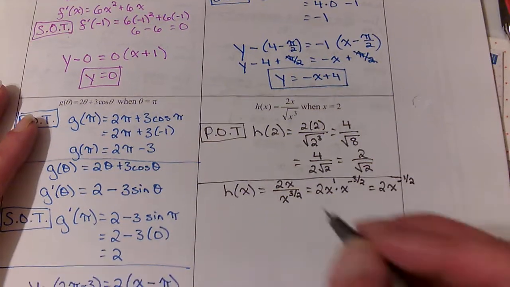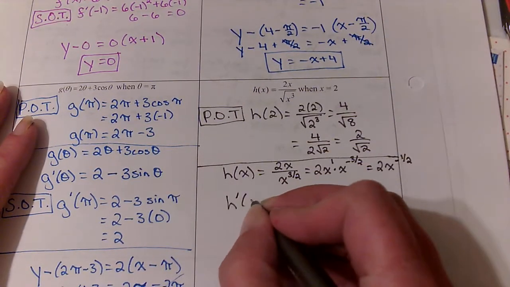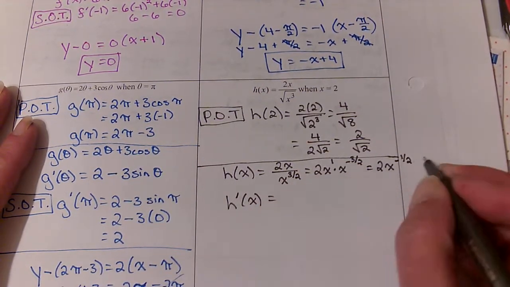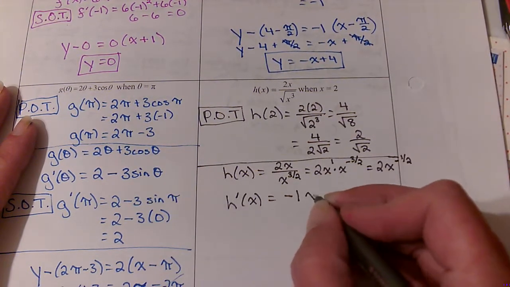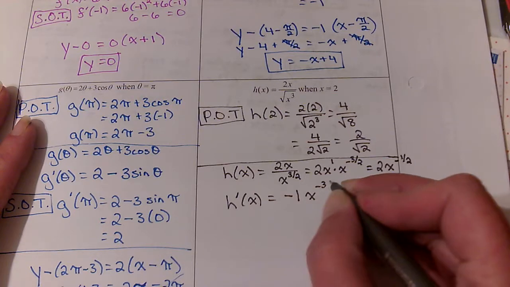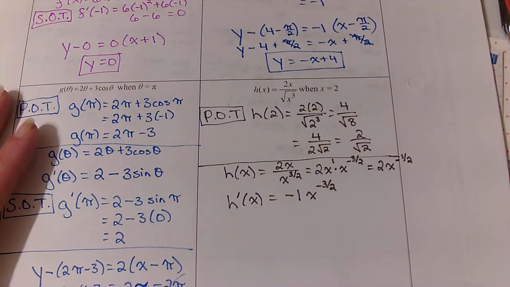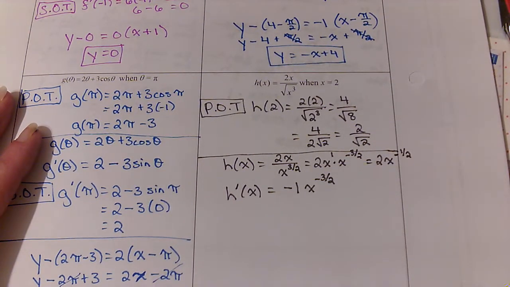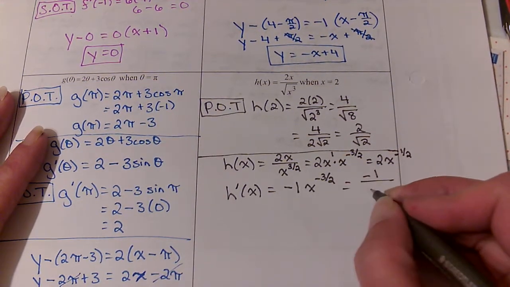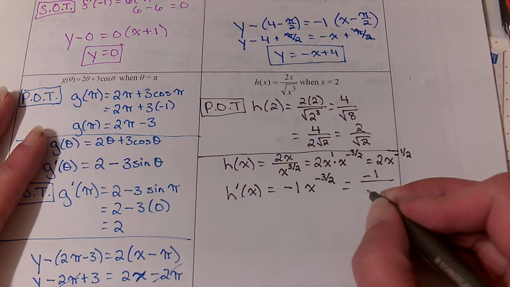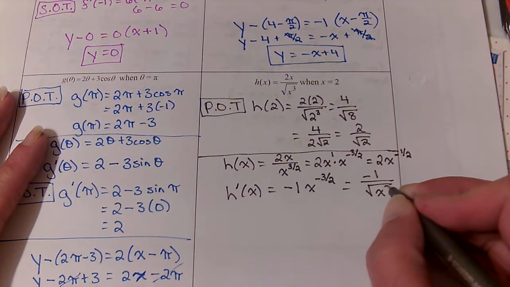Now I can use my power rule. So multiply, subtract 1 from the exponent. Well, I've just seen that recently, huh? That's really negative 1 over the square root of x cubed.